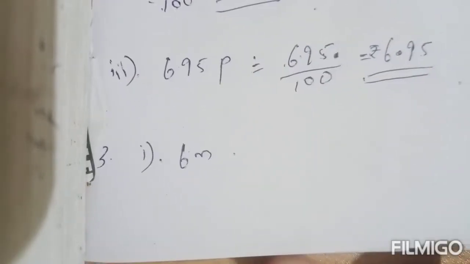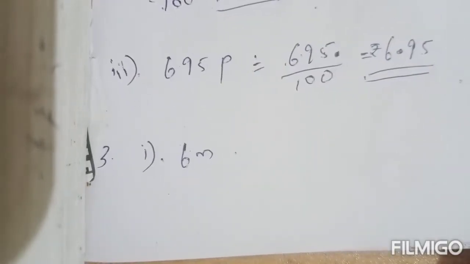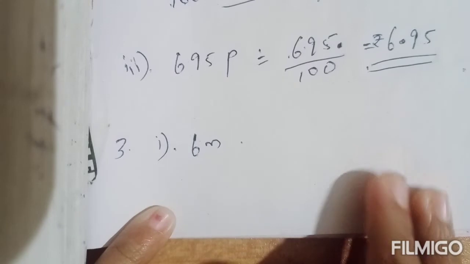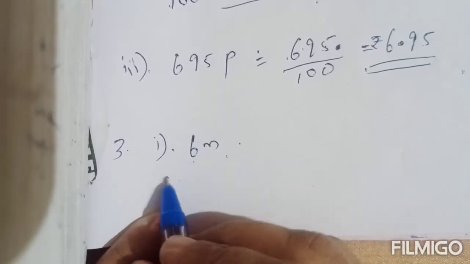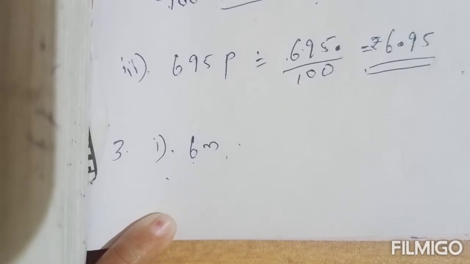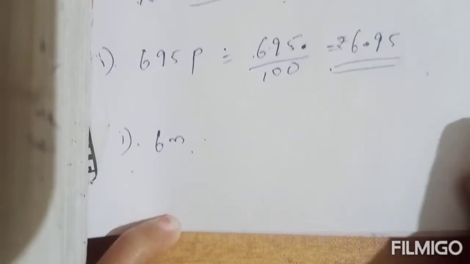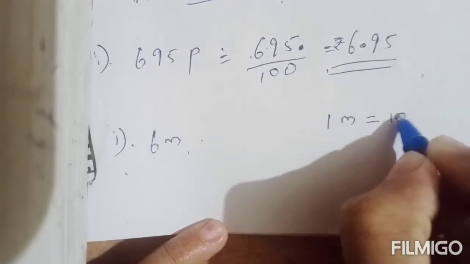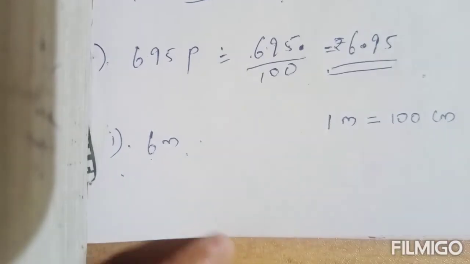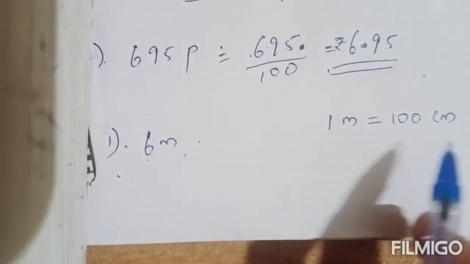Next topic, measuring lengths. So third question, express in centimeter. First one, 6 meter. You have to express this in centimeter. We know the relation: 1 meter equals 100 centimeter.